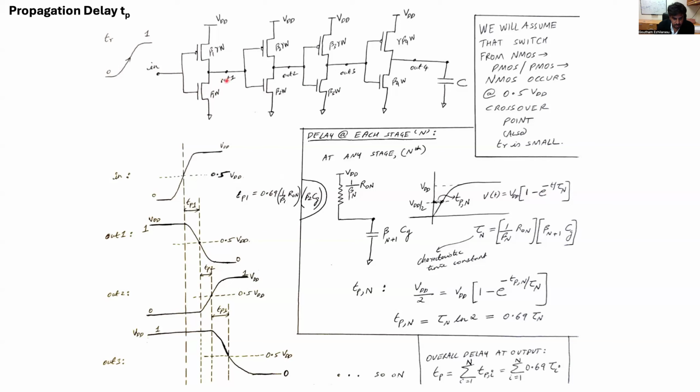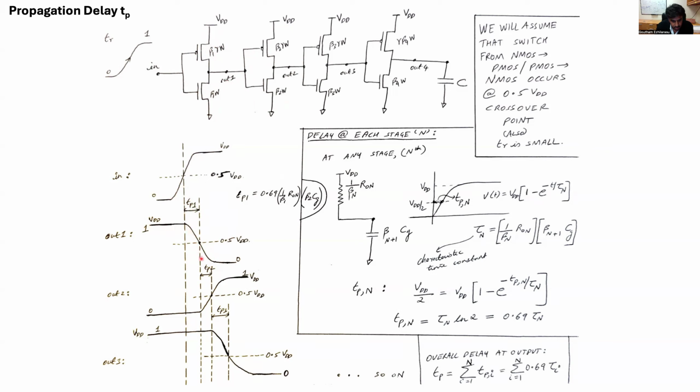The output, out 1, is going to transition from 1 to 0, but because of the on resistance of the beta 1 NMOS, which is discharging out 1 to 0, as well as the input capacitance of the beta 2 inverter, which is beta 2 times the gate capacitance of the unit inverter, we will see a certain propagation delay TP1 in going from the input to out 1. Similarly, there's a certain propagation delay TP2 in going from out 1 to out 2 and so on.